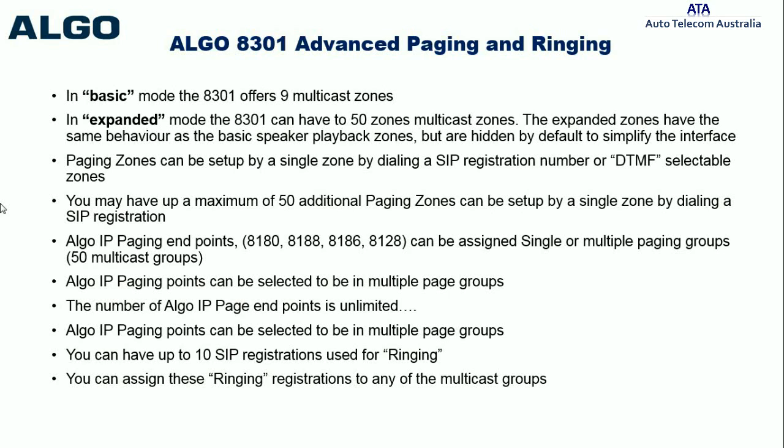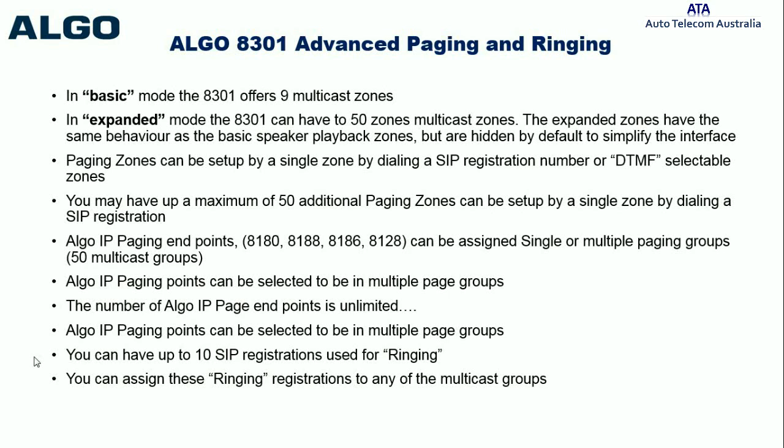You can have up to 10 SIP registrations used for ringing. Now, these 10, this point down here, second to the bottom, are separate to the 50 individual paging zone SIP extensions you could have. These are another 10 ringing registrations.